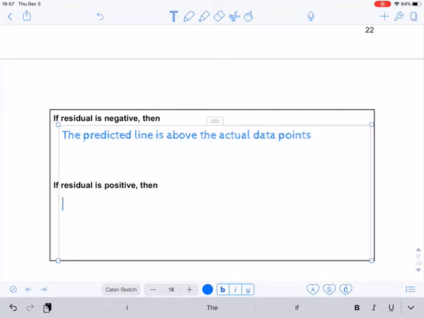And then the reverse is true if it's positive. The predicted line is below the actual data points. Okay.